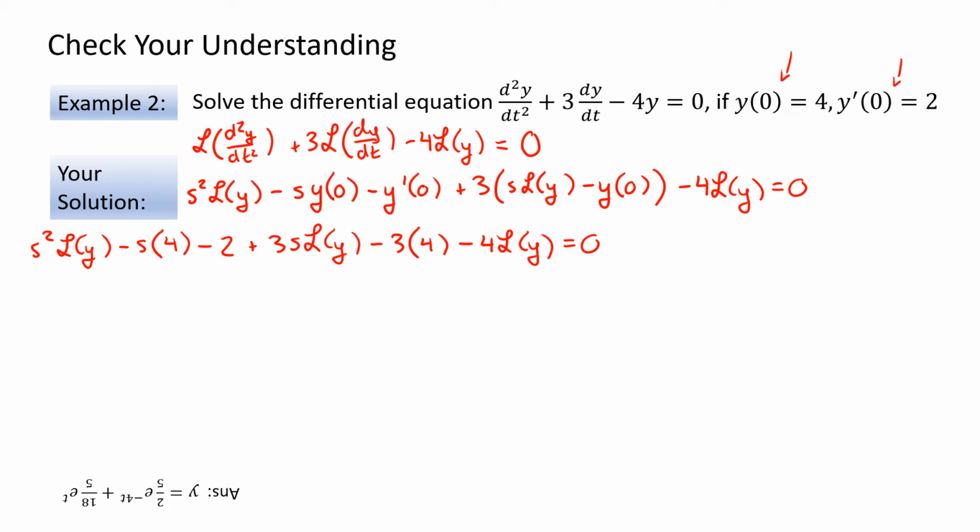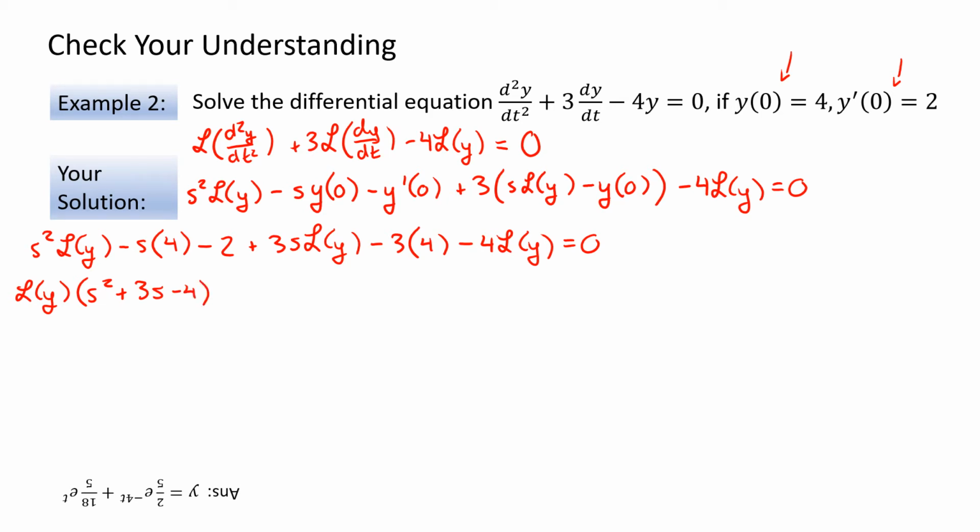So now I can start to group things together. I'm going to group together everything with the Laplace transform of y, and then group together the remaining terms, and we'll see what we're left with. So we have the Laplace transform of y as a common factor, and we have our first term, which is s squared, plus our second term, 3s, minus 4.